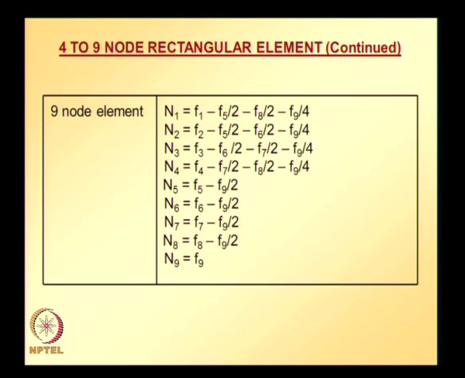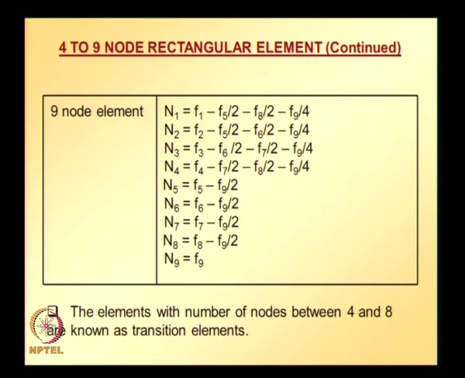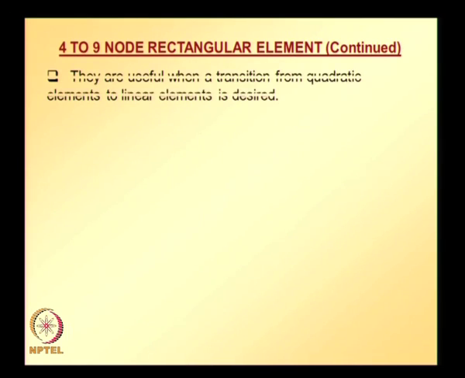And elements with number of nodes between 4 and 8 are known as transition elements. And let us see where these transition elements are useful. They are useful when a transition from quadratic elements to linear elements is desired.